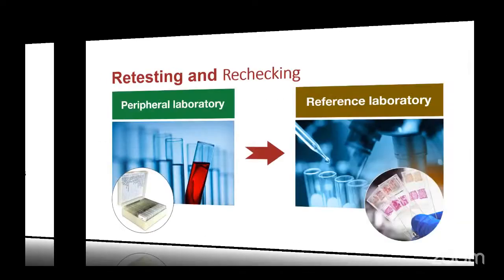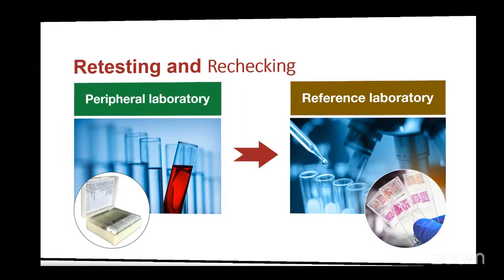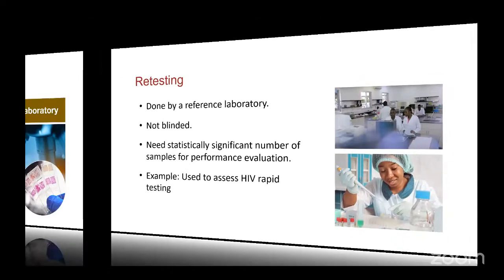However, we talked about proficiency testing, we talked about retesting and rechecking. For retesting and rechecking, as part of external quality assessment, there's a peripheral lab and there's a reference lab. The retesting is done by a reference lab. Remember, look at this picture.